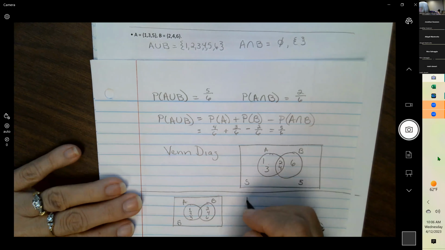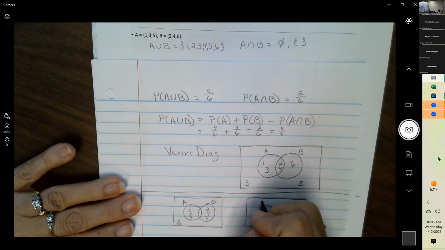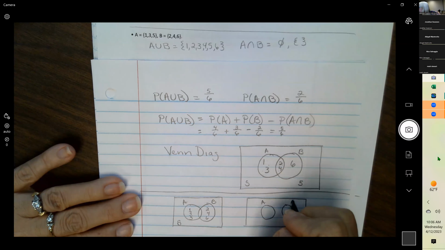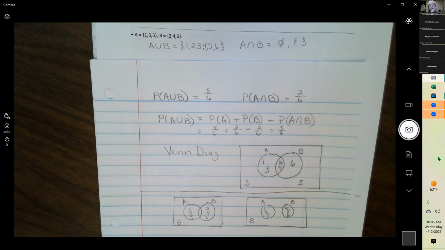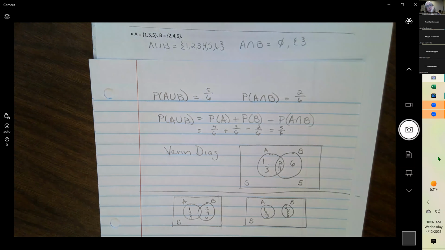So sometimes instead of showing an overlap, you just write 2 separate circles. Because there's no intersection. Neither one is wrong. But if you see them written separate, it's just because they do not have an intersection. It's the null set, the empty set. Any questions on that?